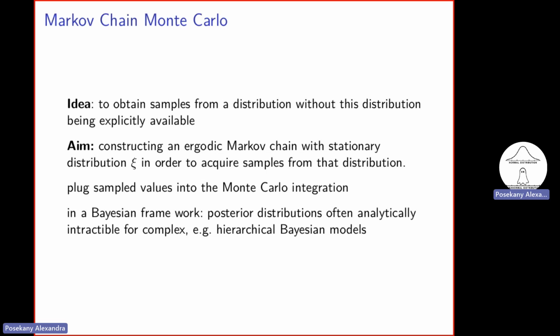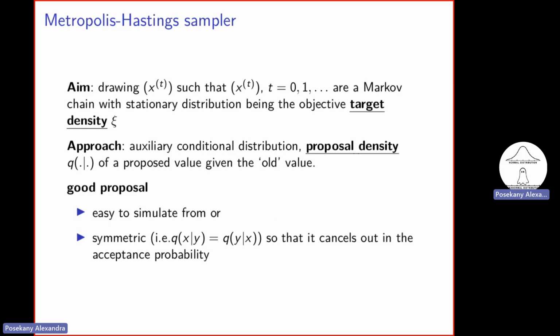We do this by constructing a Markov chain, so something where the next value depends only on the previous value, and in this way obtain samples from this posterior, which we do not actually know. We do this by applying this Monte Carlo simulation scheme. And the goal for Bayesian analysis is to obtain samples from the posterior.